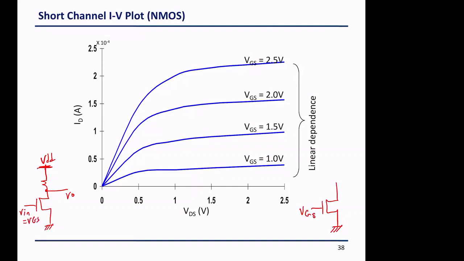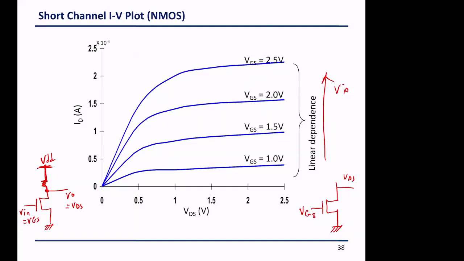So as VGS increases, the Vn increases. And if I have a VDS here, and here VO equals VDS, but here I am controlled, I have to follow also the behavior of the resistor.